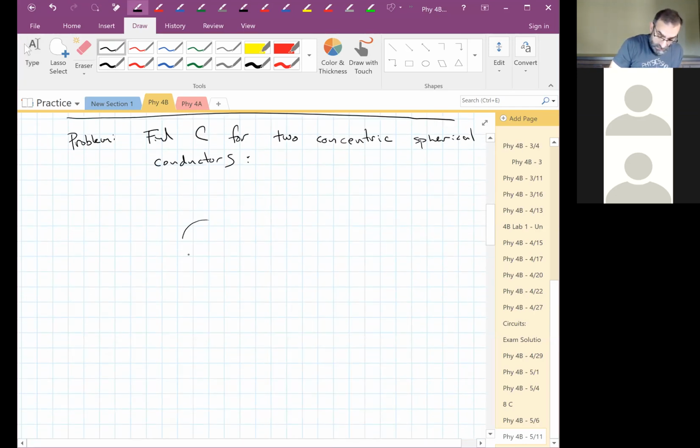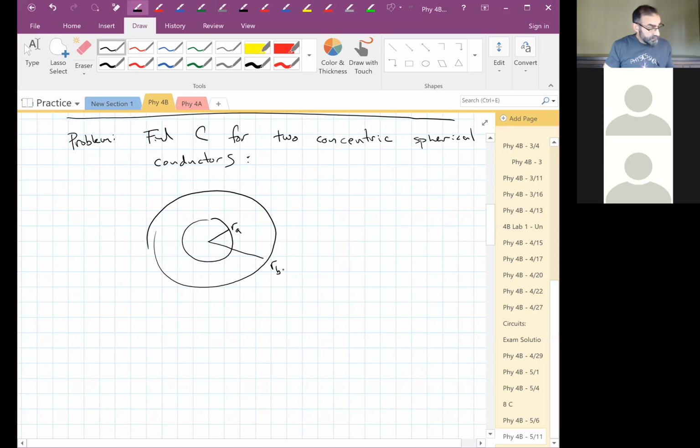So we've got some inner conductor, we'll call that RA, and some outer conductor, RB. And we want to use this equation because what does the electric field usually depend on?